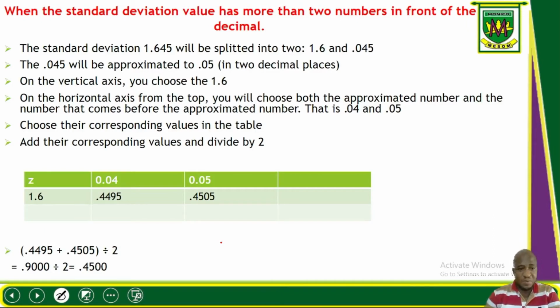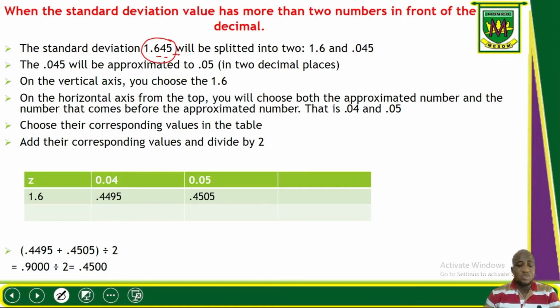When the number of standard deviation units we are moving has more than two numbers in front of the decimal, you can see the value here. We have 6, 4, and 5. They are more than 2.